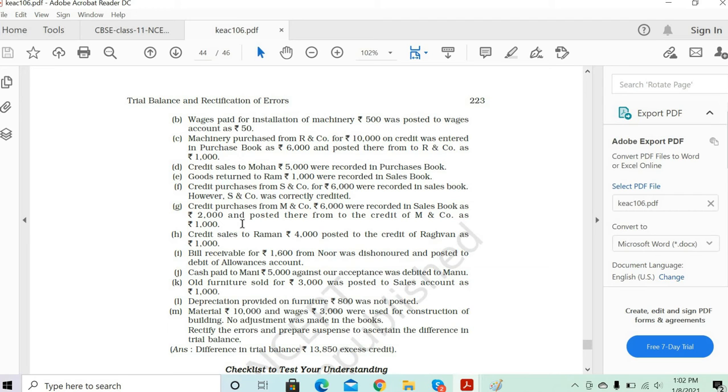Correct. And it was entered in the purchase book as 6,000. So purchase book is getting debited as 6,000 and R and Company is getting credited for 1,000. Yes, absolutely correct.